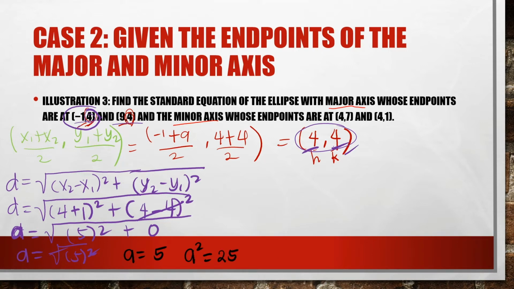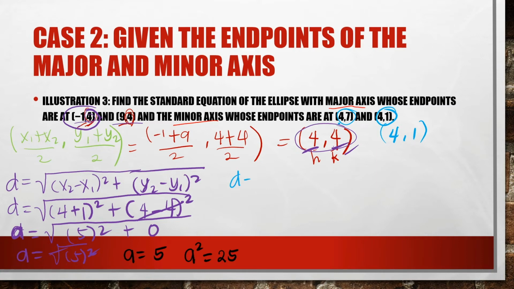So, next na hahanapin natin is yung semi-minor axis. So, ang gagamitin natin ulit is yung distance formula using the coordinates of center and then yung isa sa endpoints ng minor axis. So, either sa dalawa na to. So, gamitin natin itong 4 and 1.